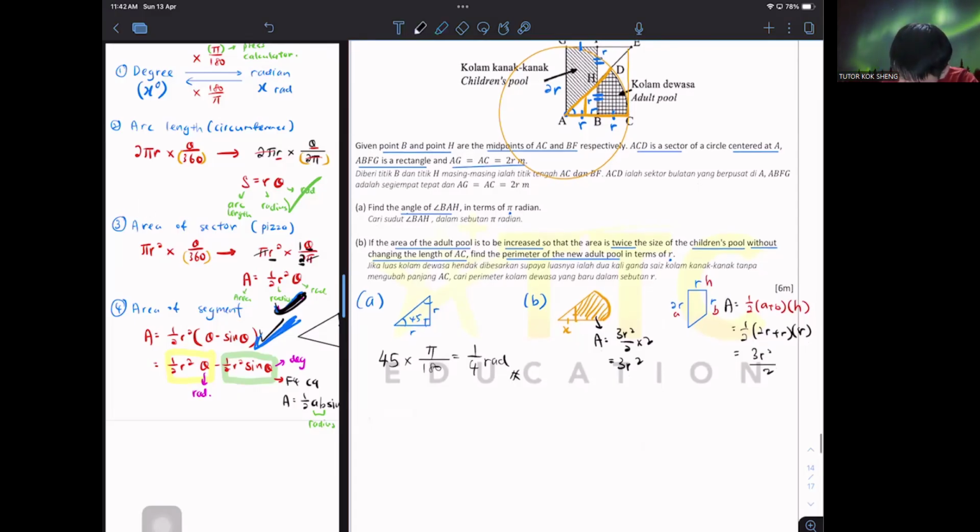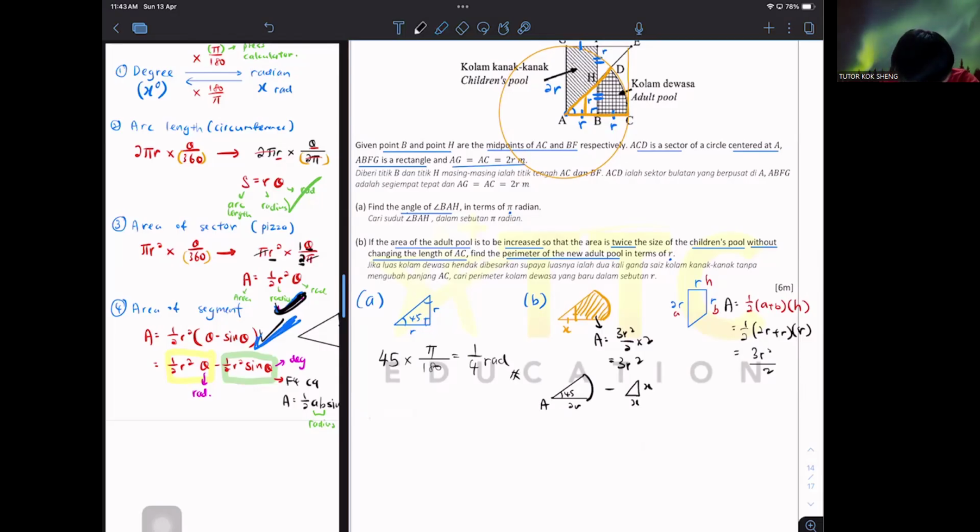This time the area, need to go for big minus small again. The whole sector minus a small little triangle there. Center A, angle here 45 degrees, radius is 2R, and this triangle's base and height are the same, x.